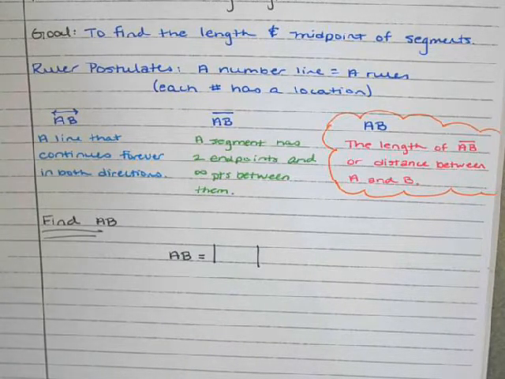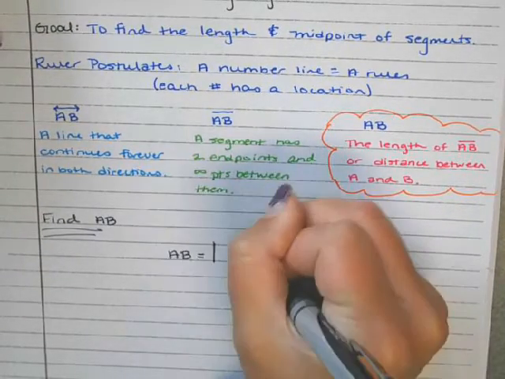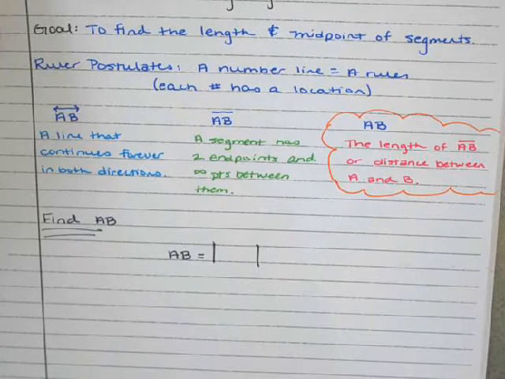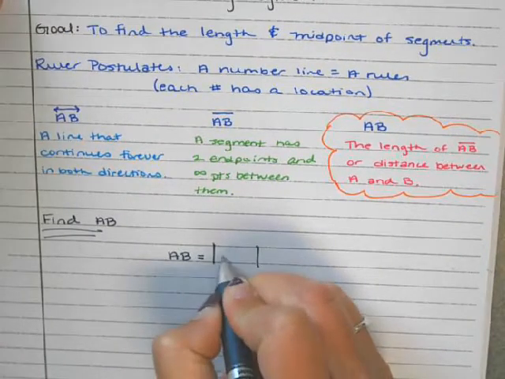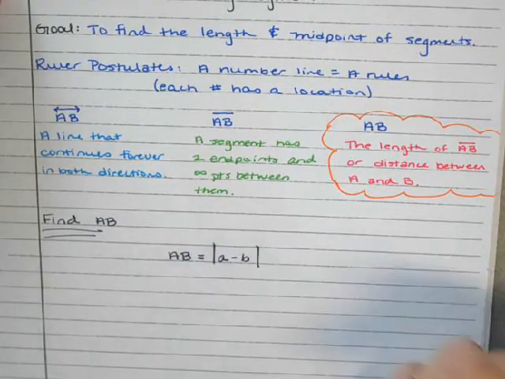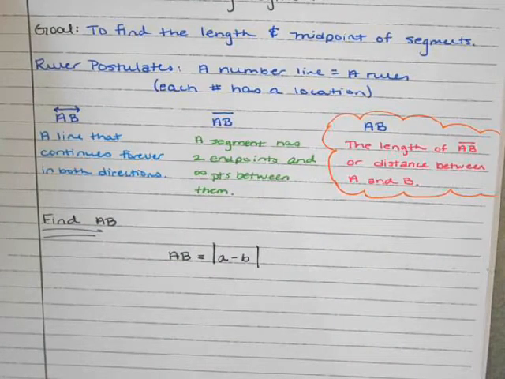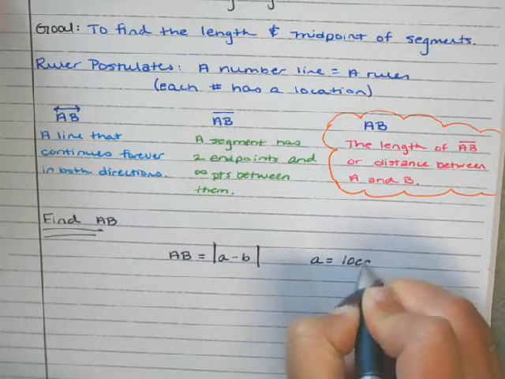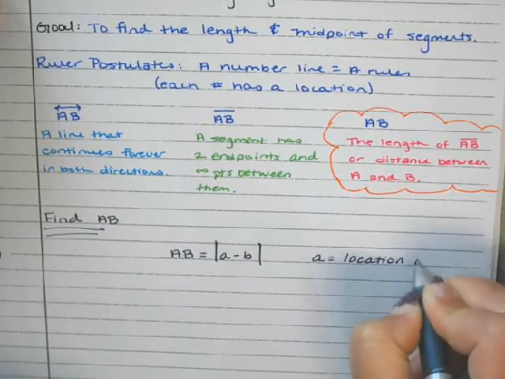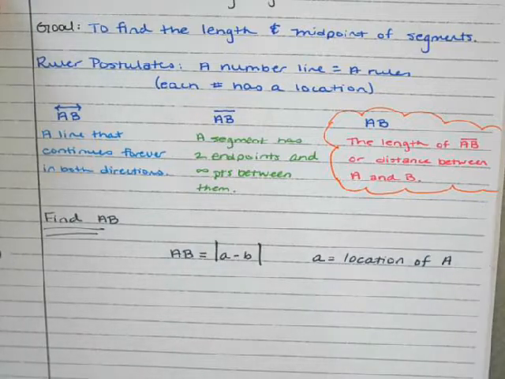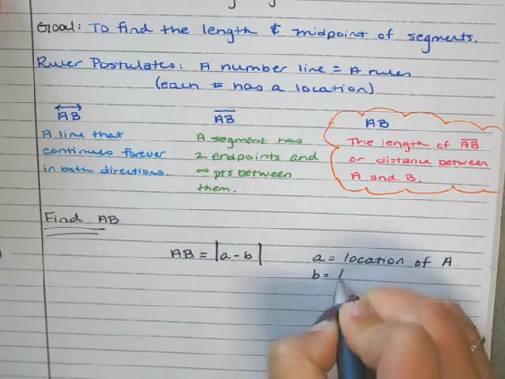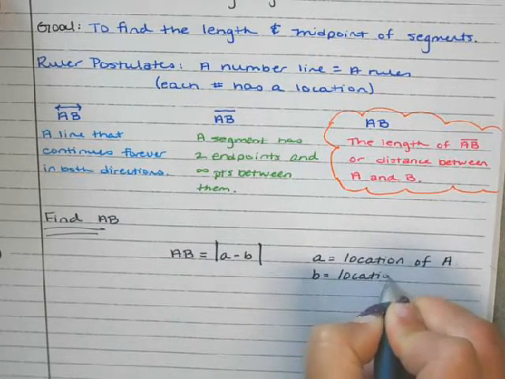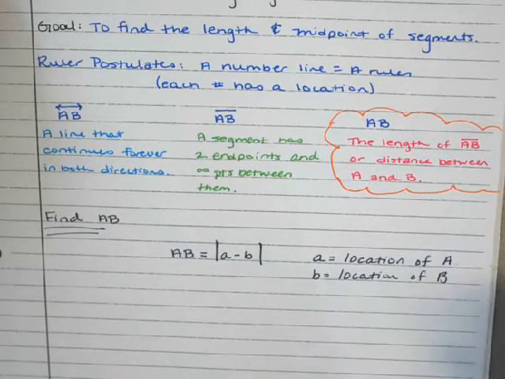Those straight up and down bars are absolute value bars. So we're going to take the absolute value of the difference of a and b, where little a is equal to the location of point A, and the small b is going to represent the location of point B.